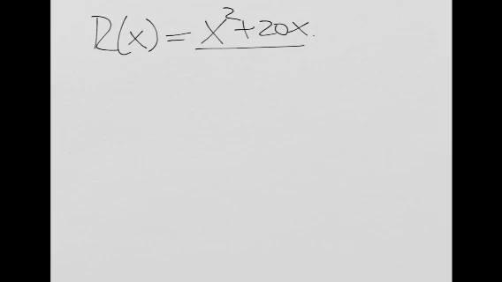So this is one type of quadratic, just x squared. So r of x equals x squared. That's a quadratic by itself. x squared minus 2x, that's a quadratic by itself. Just as long as I have an x squared term in there, that's a quadratic.